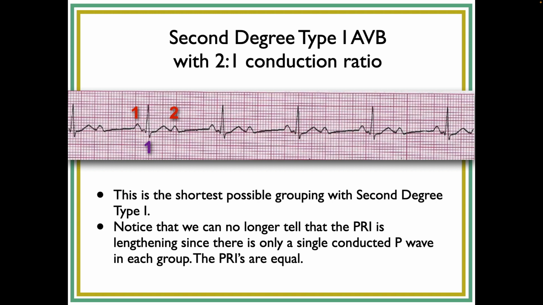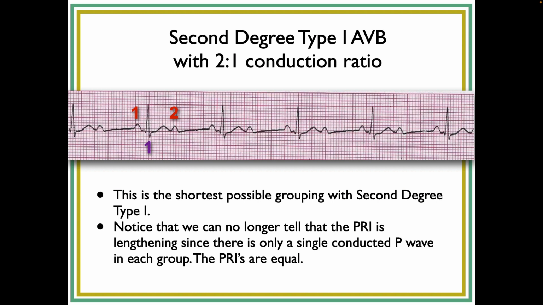Does that make sense? So this is the only time with second degree type 1 where the PR interval doesn't get progressively longer, because we don't have enough PR intervals in a row within a group to compare. It's still second degree type 1.